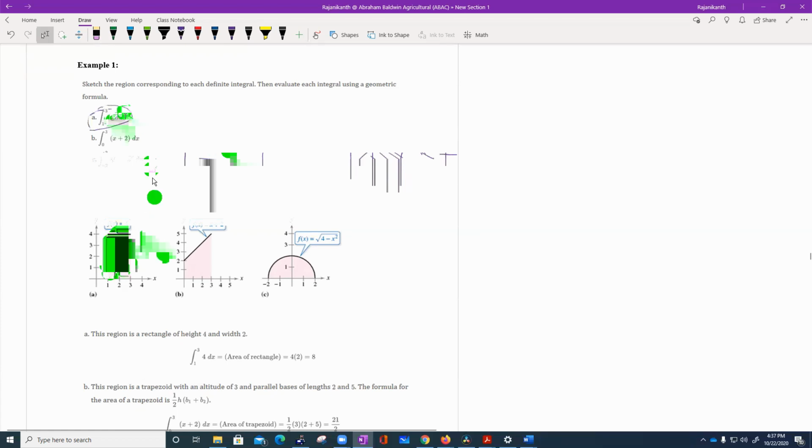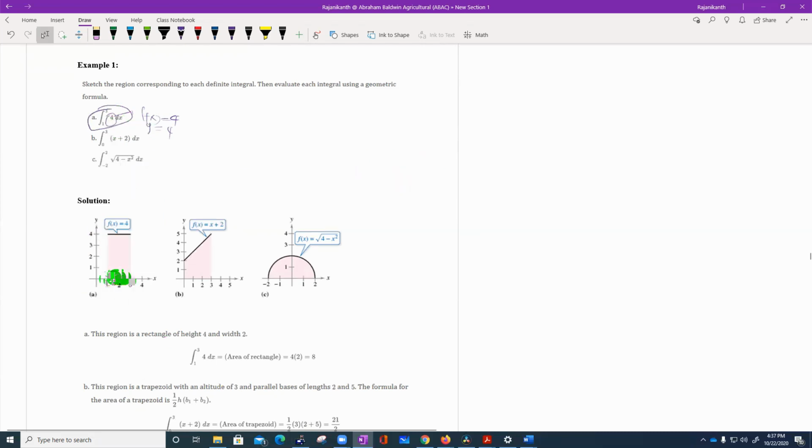Here f(x) is 4, so y equals 4, a line from 1 to 3. You are simply finding the area given by this formula. You know how to find a rectangle's area. The length is 2 and the height is 4, so 2 times 4 is 8. Therefore, the integral answer is 8.